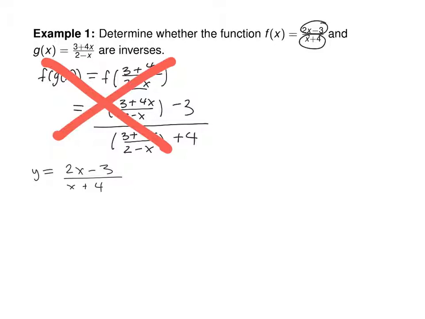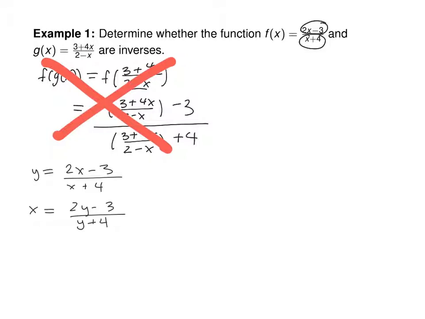And you could do this with either f or g. If you find the inverse of f, you should get g. If you find the inverse of g, you should get f. So, swap the x and y. This is the trickiest inverse question you're going to get, so count on it actually being there.